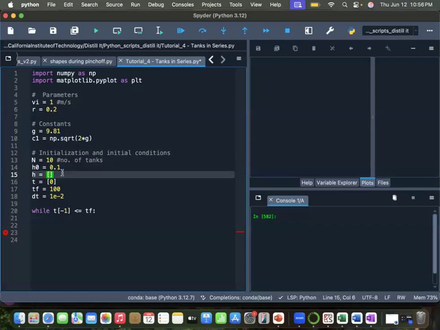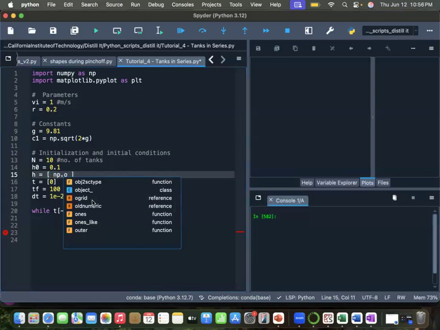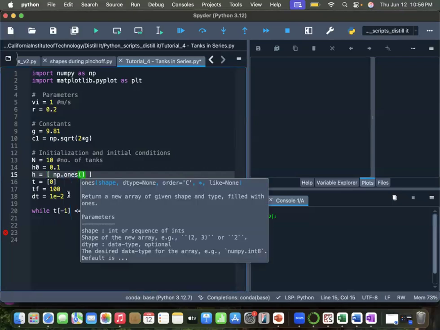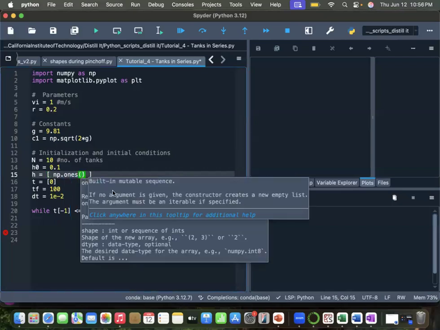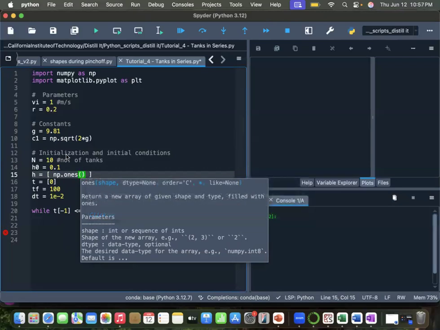So since this is going to be the initial condition, let's just write it down. As we wrote it for the velocity initial condition in the previous tutorial, let's write it for this one as well. So it's np.ones, and this time there are going to be as many heights as the number of tanks.